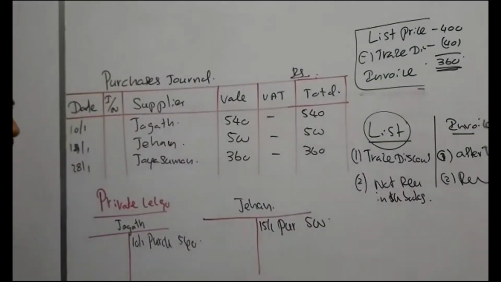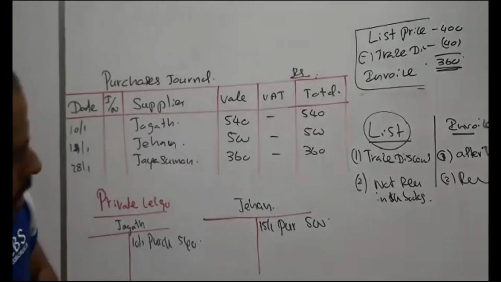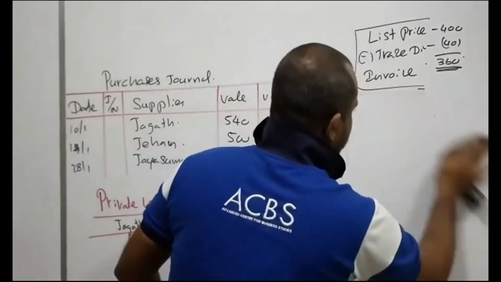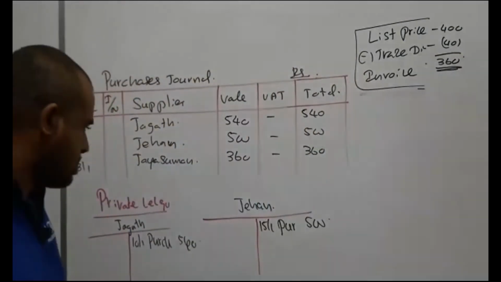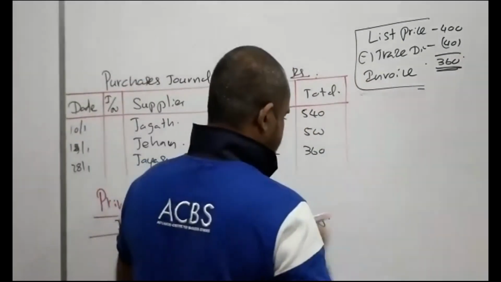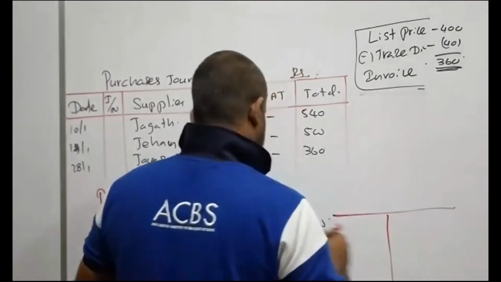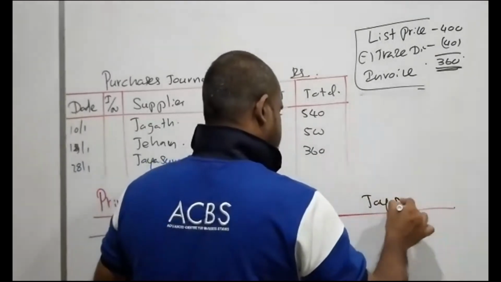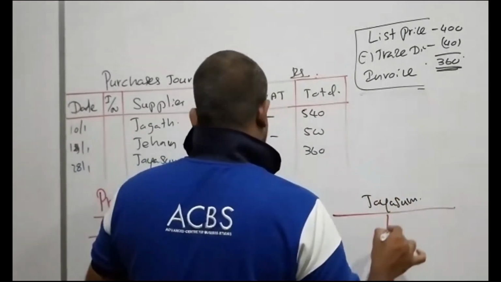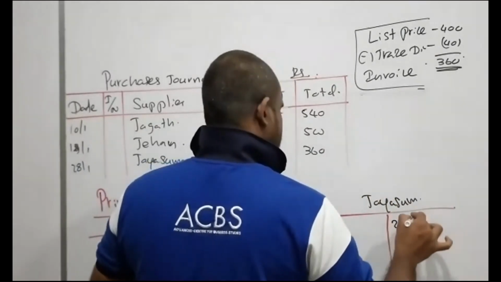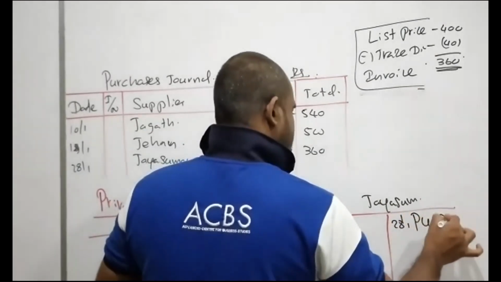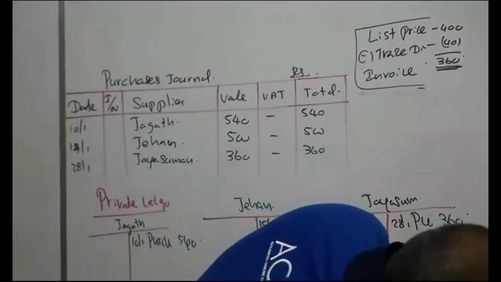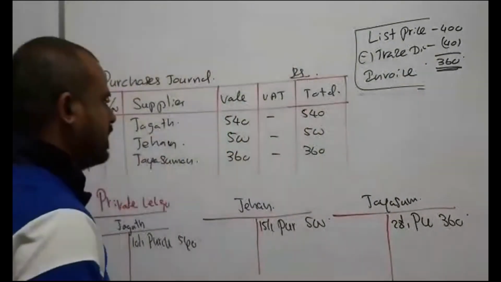Right. Okay. Then what are you supposed to do? You should open a new account, which is Jayasumana's account. That will be credited on 28 January, same purchases, that is rupees 360,000.